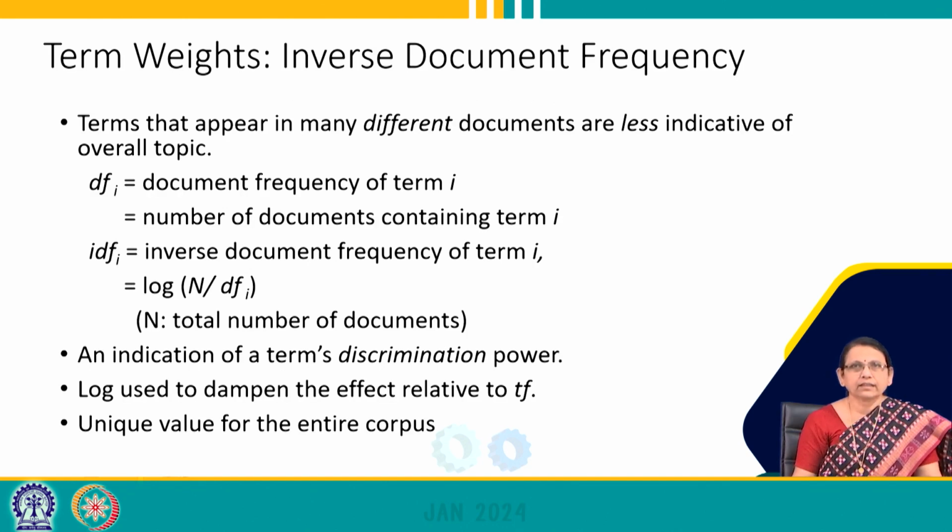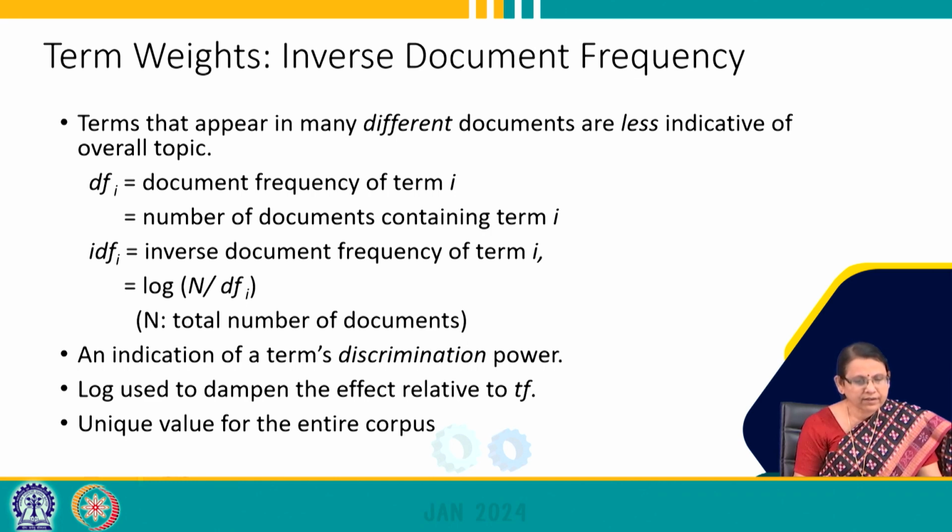Then another way of getting these term weights is the inverse document frequency, which says that a term that appears in many different documents is less indicative of the overall topic. For example, if we are talking about a movie recommender system, and the word movie is appearing in every document, then it loses its distinguishing characteristics.